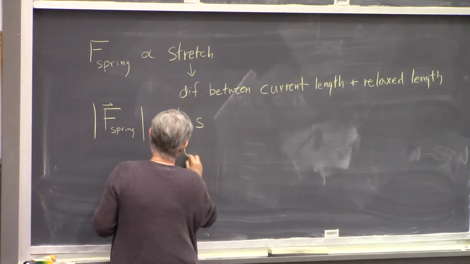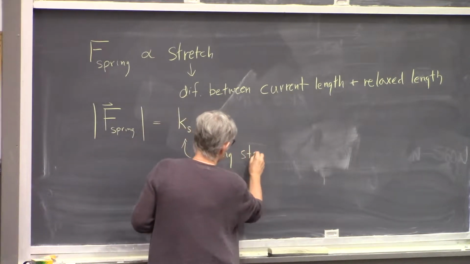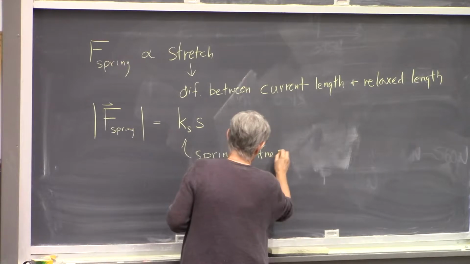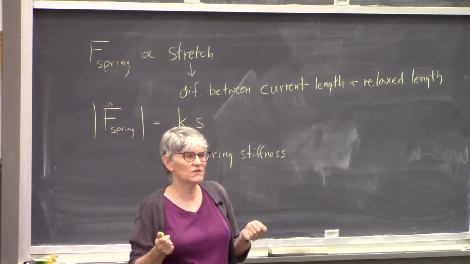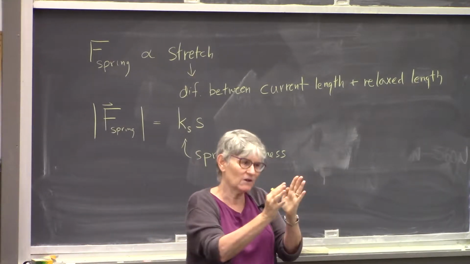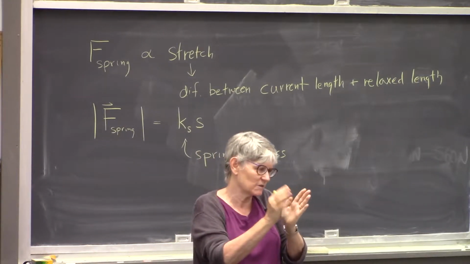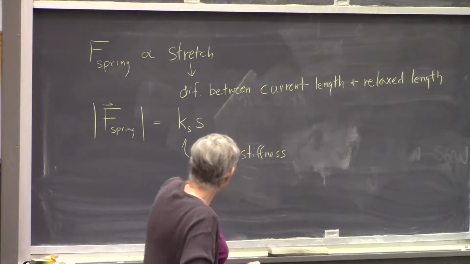This is called the spring stiffness, or some people just call it the spring constant. It just has to do with how stiff the spring is. So the stiffer the spring, the harder you have to push to compress it, the bigger a force it exerts back on your hand. Okay.